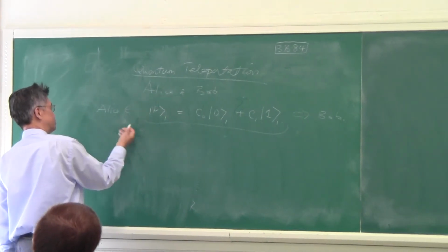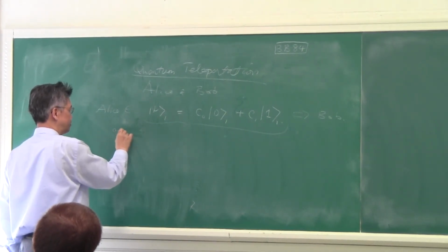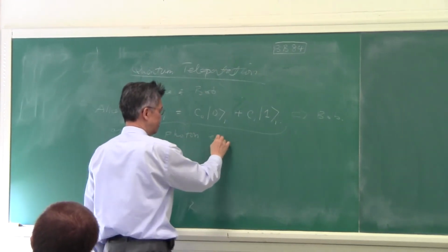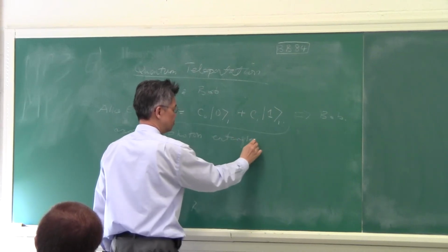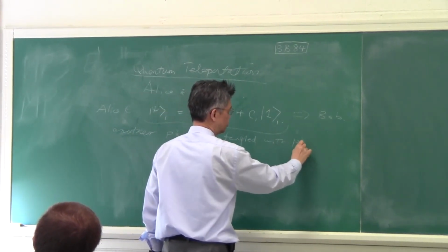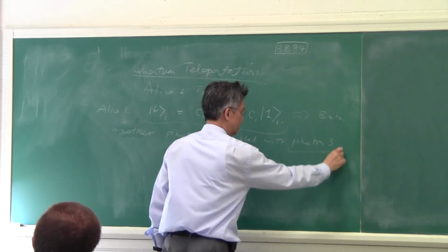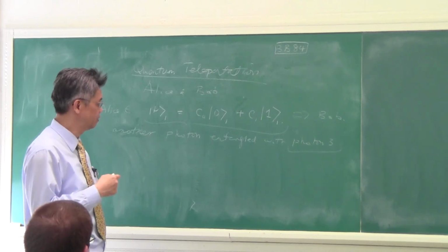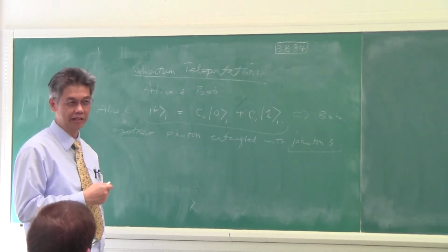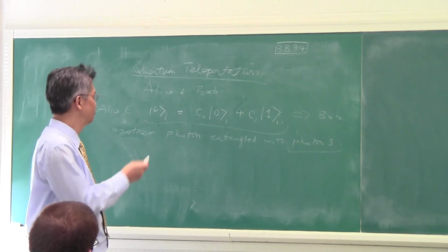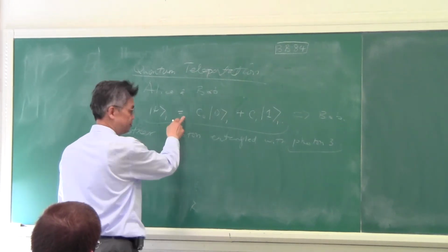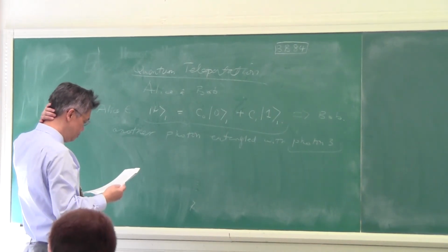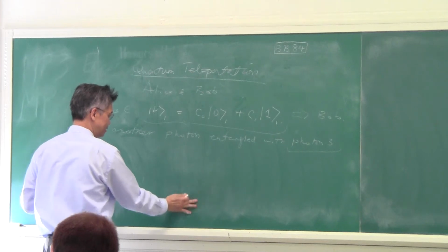Alice has this photon, and then she has another photon with her that's entangled with the third photon, photon 3. And she can send photon 3 to Bob. And it turns out that he can figure out what state photon 1 is. Let's see how we can do that. So there are 3 photons at play at this point.